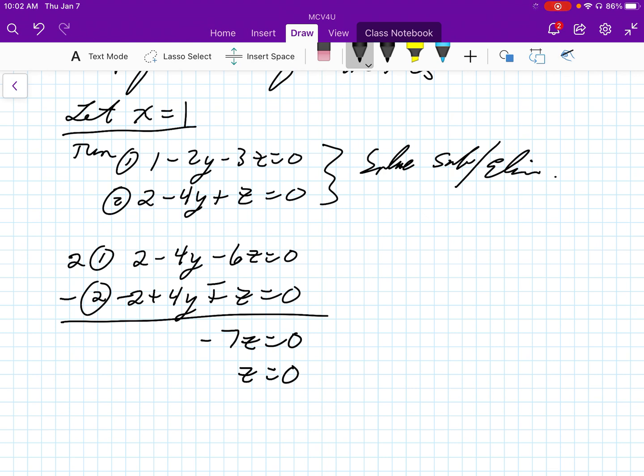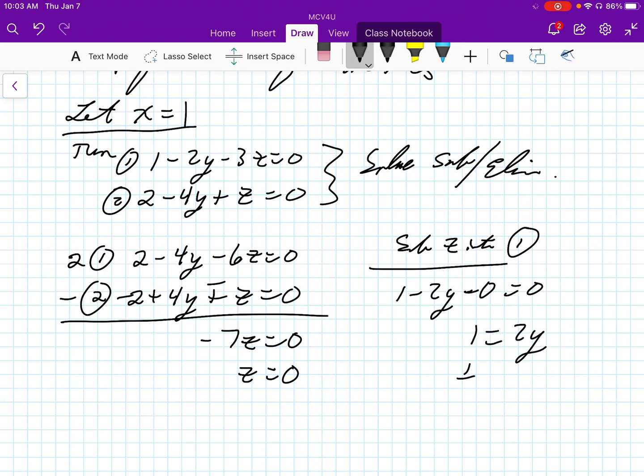Z equals 0 in this case. If z equals 0, you can simply sub your z into, let's say, equation 1. So we have 1 minus 2y minus 0 equals 0, 1 equals 2y, y equals a half. Therefore our n is equal to 1, a half, and 0.